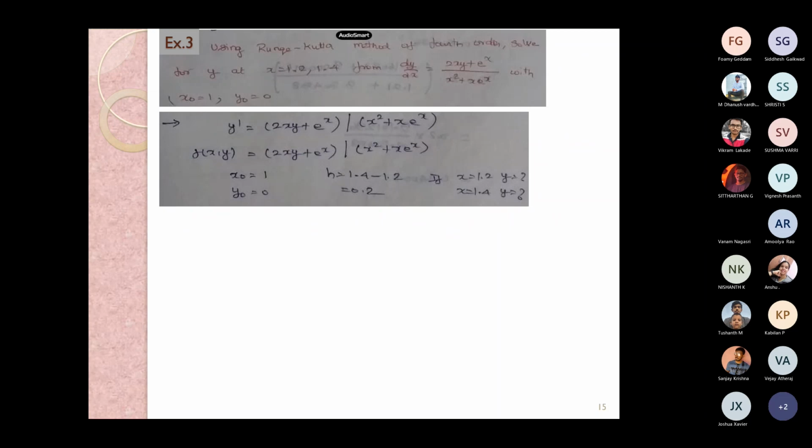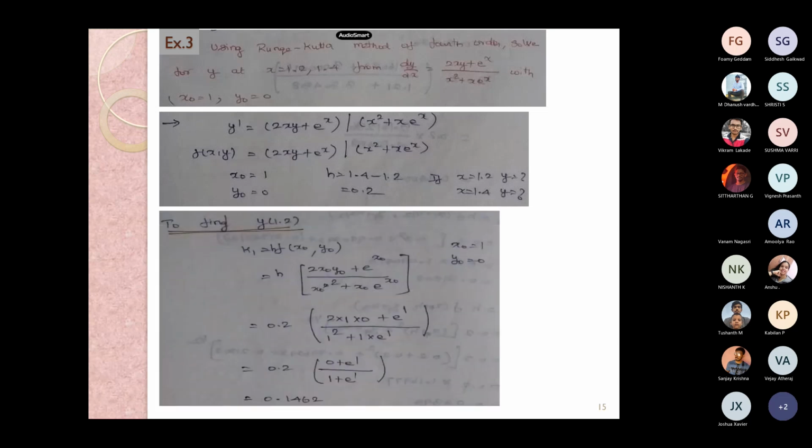We'll first find the value at x equal to 1.2, then we'll find the value when x is equal to 1.4. In order to find y of 1.2, be conscious that the second order, third order, and fourth order Runge-Kutta methods have unique formulas.